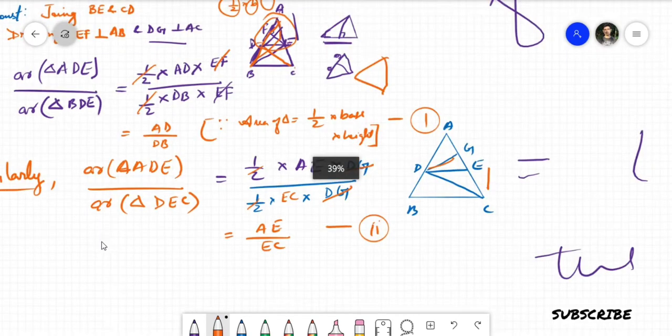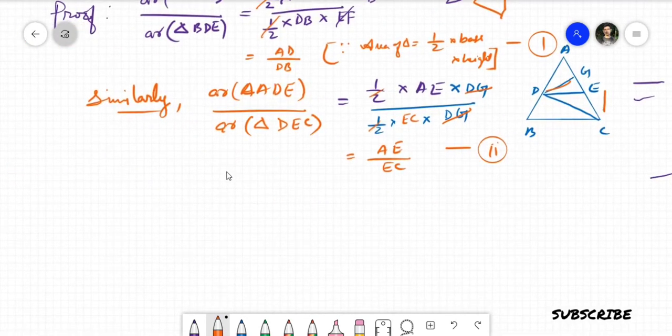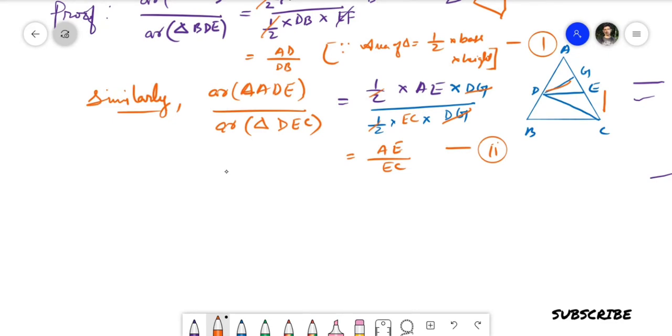Let me write the triangle. Since triangle BDE and can you see DEC, they are talking about this triangle.